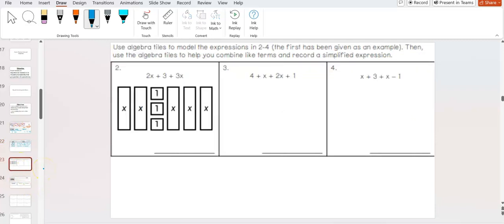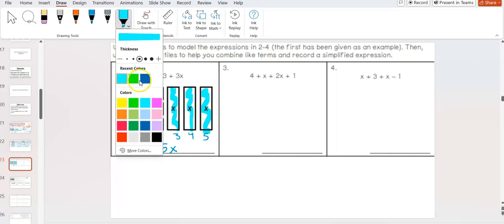All right, in this next part, we're going to use algebra tiles to model the expressions. The first one's been done for us so that we can combine like terms. So here we can see we've got 2 x's, and then over here I've got 3 x's. If I put all my x's together, I would end up with 1, 2, 3, 4, and 5. This is 5 x's.